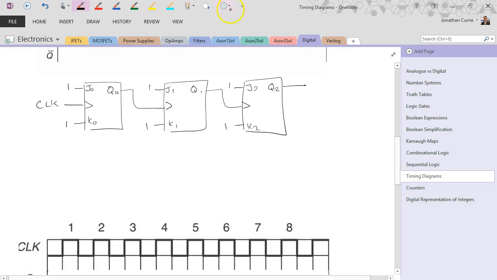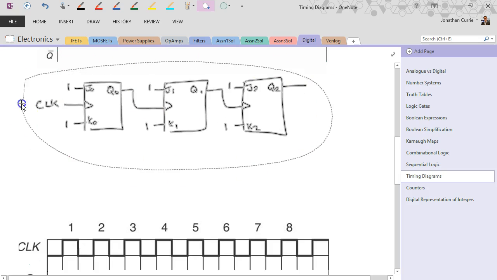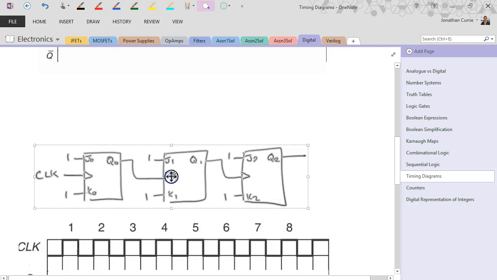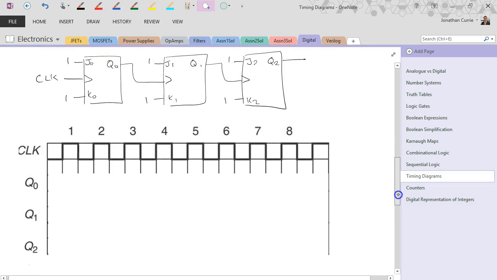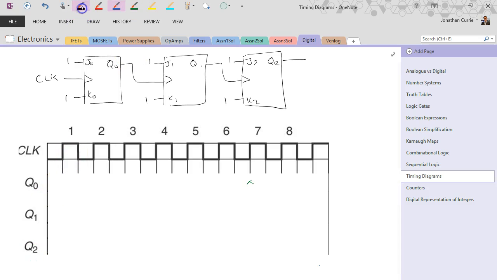So let's have a look at how that would work in a timing diagram. Remembering that all of these are going to toggle. So let's start with Q0. We're going to start at the bottom. What we're going to do is use falling edge triggered flip-flops here, only because it makes it a little easier to understand.